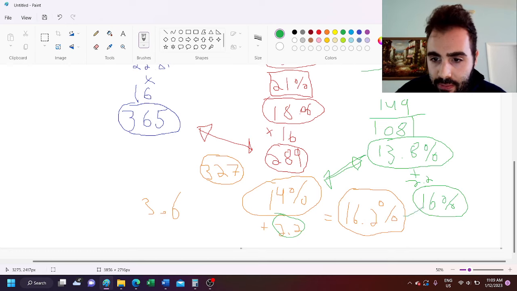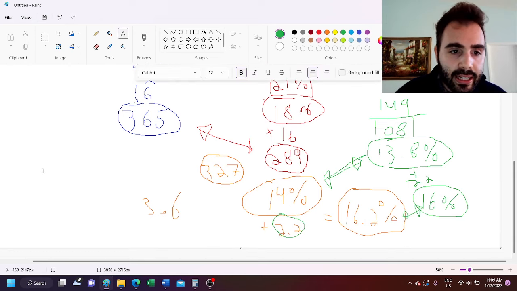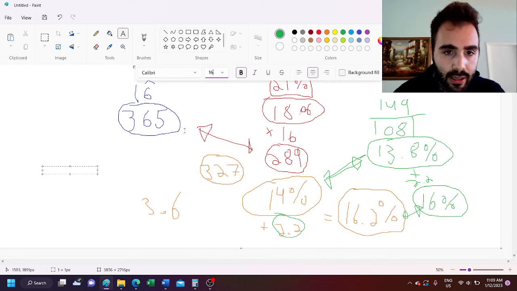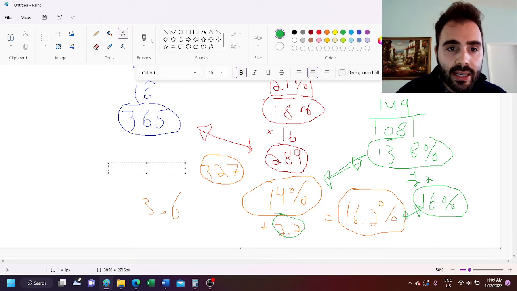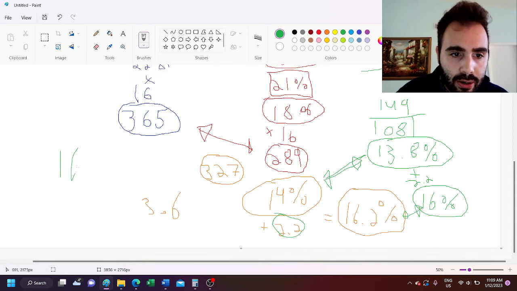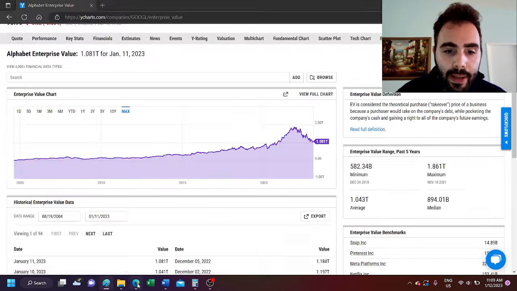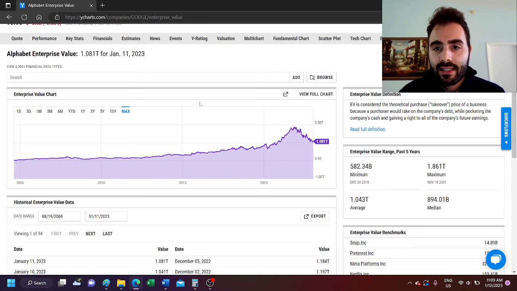It means that Google is anticipated to give us a 16% annualized rate of return. Therefore, if we were to invest in Google now, we would anticipate a 16% annualized rate of return over the next 10 years.